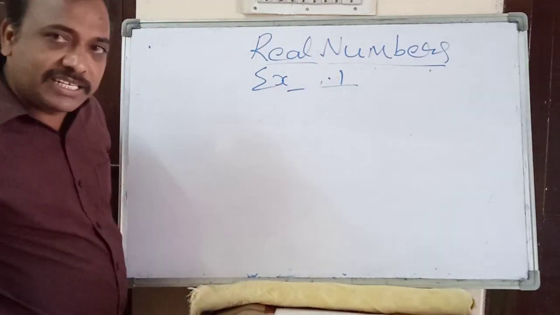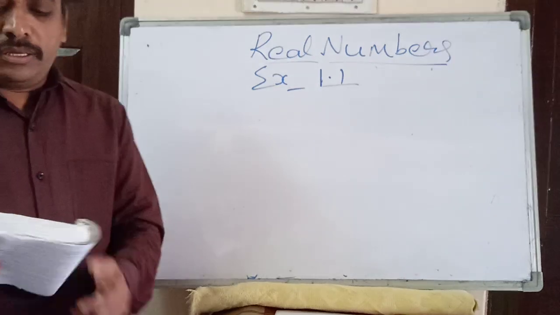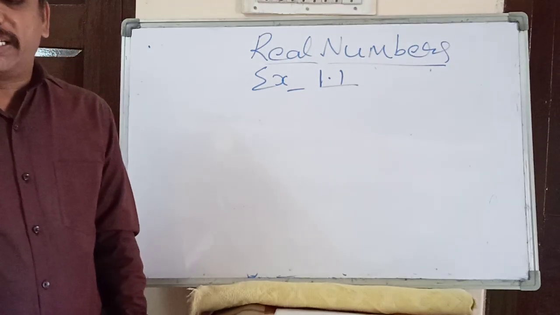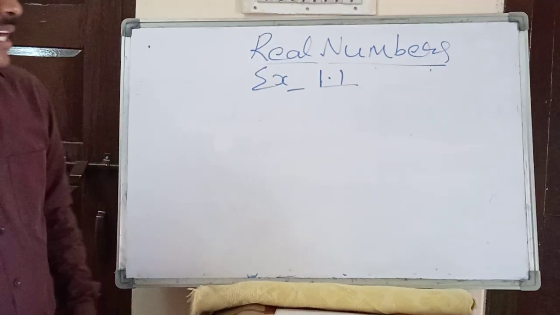Exercise 1.1: Use Euclid's division algorithm to find the HCF of 135 and 225.